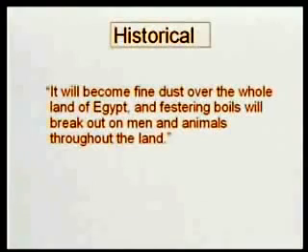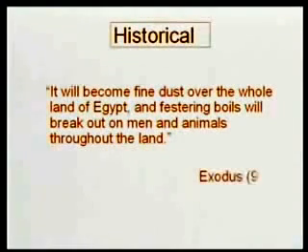Okay, historically, here is a quote. Anybody recognizes that quote? "It will become fine dust over the whole land of Egypt, and festering boils will break out on men and animals throughout the land."